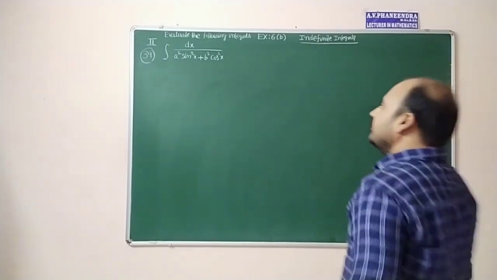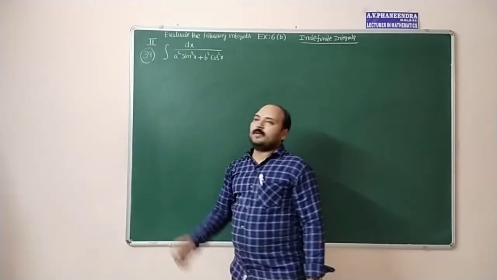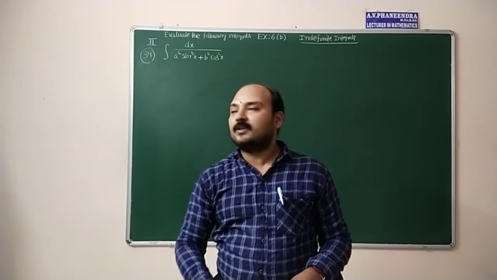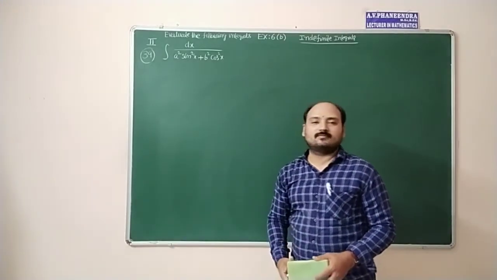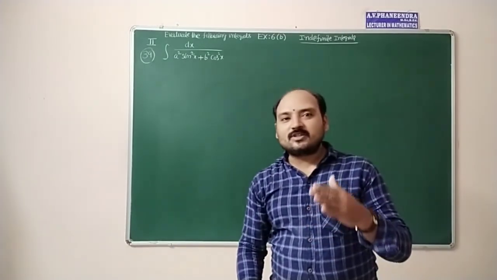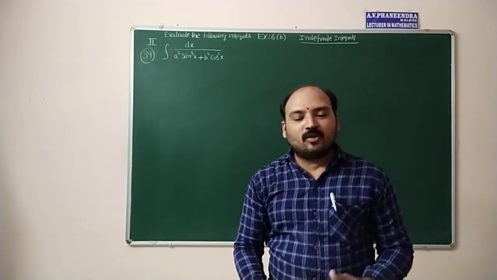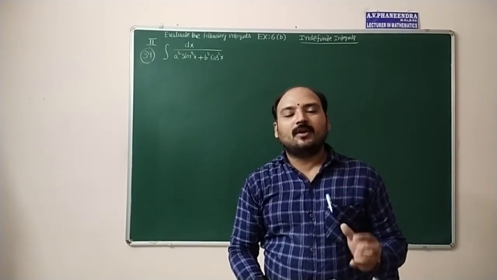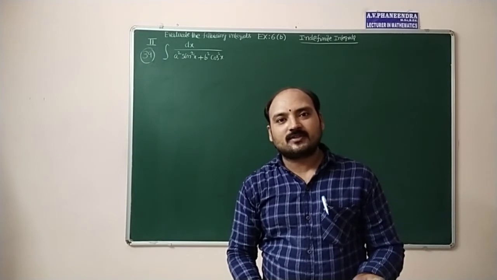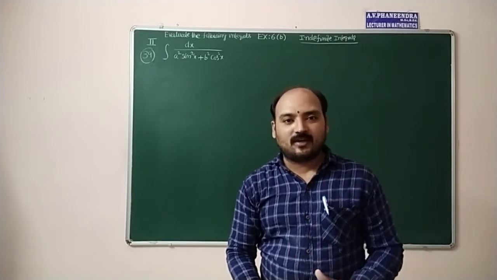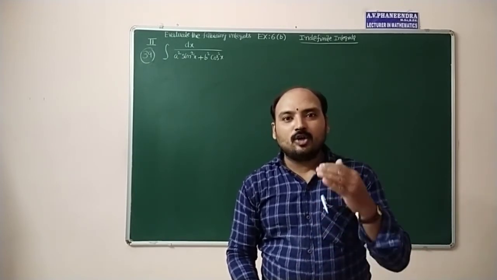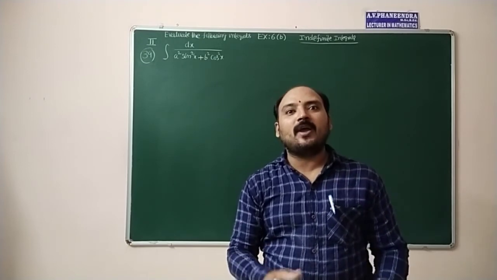The next question: integral dx by a square sin square x plus b square cos square x. In the previous question we discussed that whenever cos square x or sin square x or sin x cos x terms are there in the given question, you have to divide numerator and denominator by cos square x.